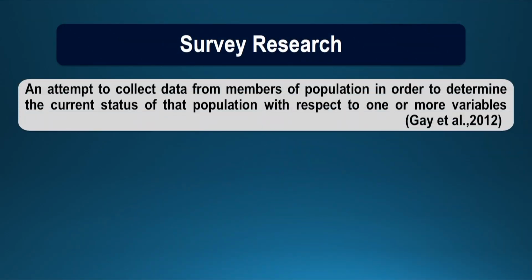Survey research is one of the types of descriptive research and aims at determining the current status of a defined population at a given point of time with respect to one variable or more than one variable.